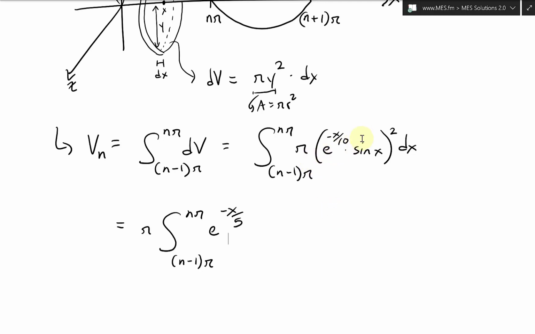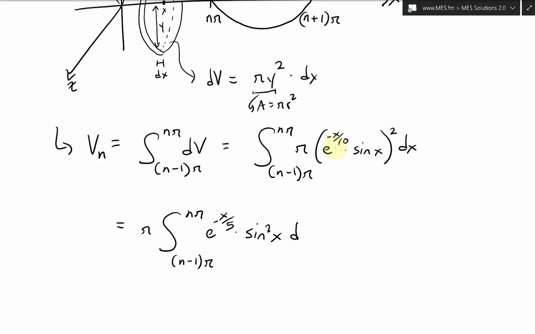So when you have this squared, then 10 divided by 2 is 5. So e to the negative x over 5, and then times sine squared x, all dx, like that.